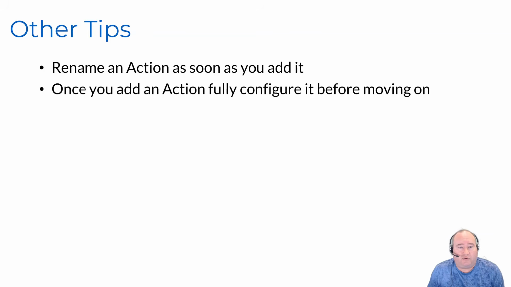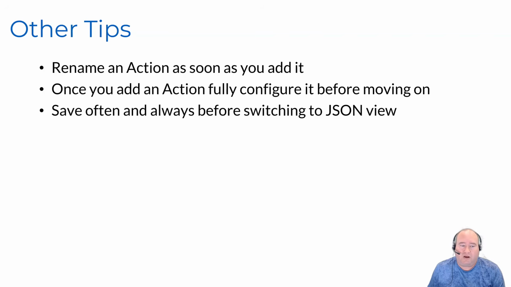Back in BizTalk world, I used to add a bunch of shapes to an orchestration designer, and then I would sometimes print it out, save it, and work through it on paper. When you add an action to a Logic App, you're not able to save that Logic App until you fully configure that action. You also want to save often, and always save before you switch over to the JSON code view.